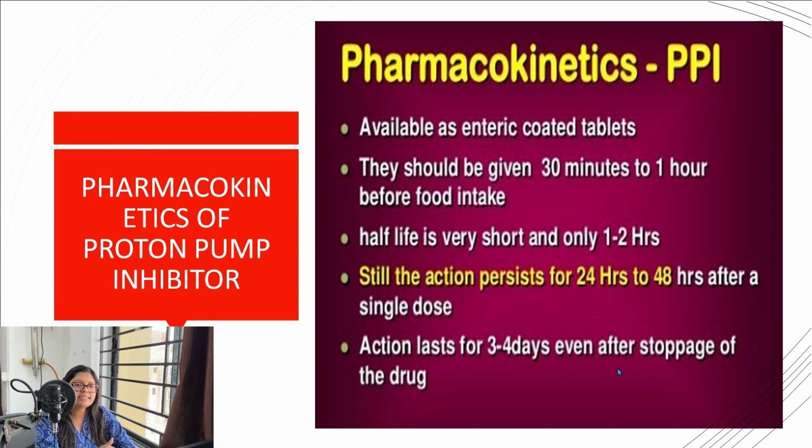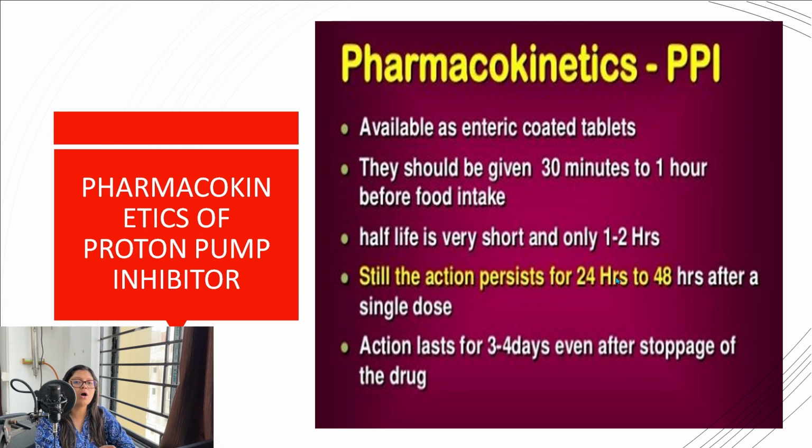Next is the pharmacokinetics of the proton pump inhibitor. Kinetics means how the drug moves in our body. We can recall, going back to the initial topic, ADME: absorption, distribution, metabolism and excretion.